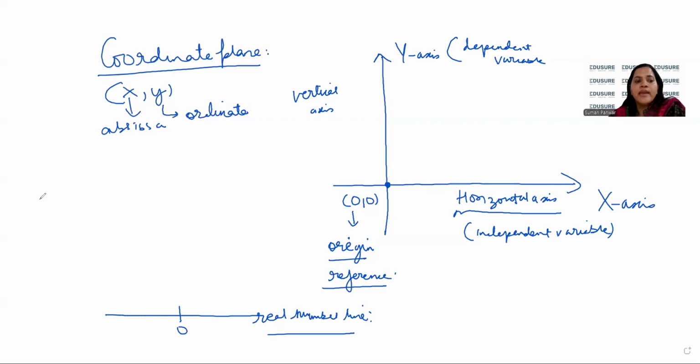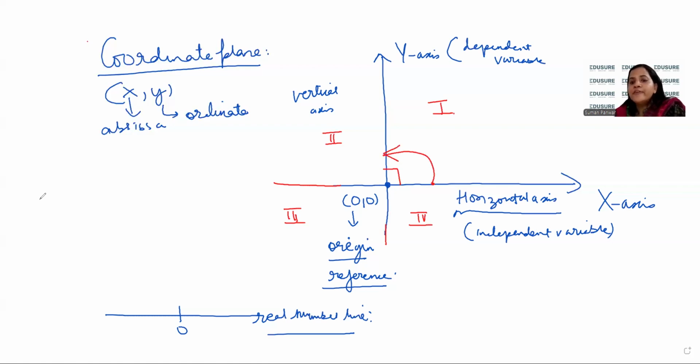Now, whenever we make the XY plane or the 2D plane, these two axes are perpendicular to each other and they divide the plane into 4 quadrants. This is the first quadrant, this is the second quadrant, this is the third quadrant, and this is the fourth quadrant. Now, whenever I make an angle, we will make an angle from the positive direction of x-axis like this.